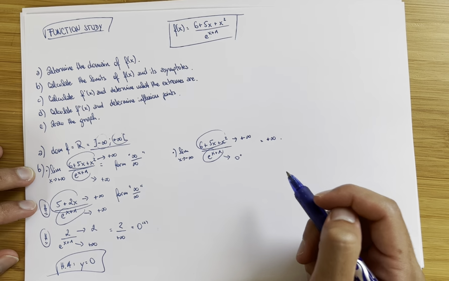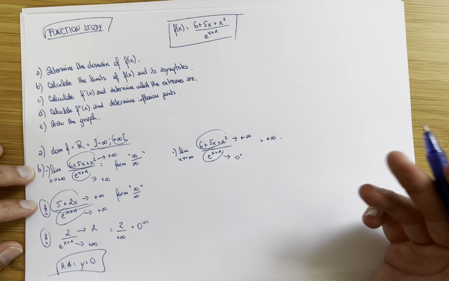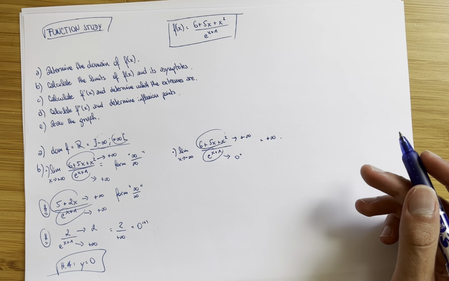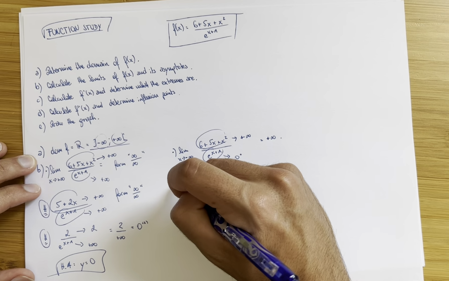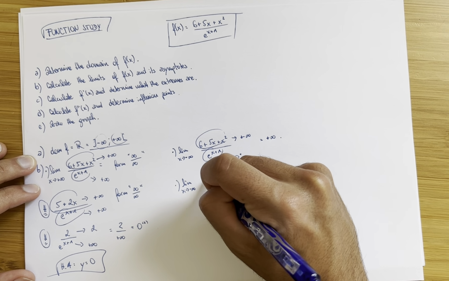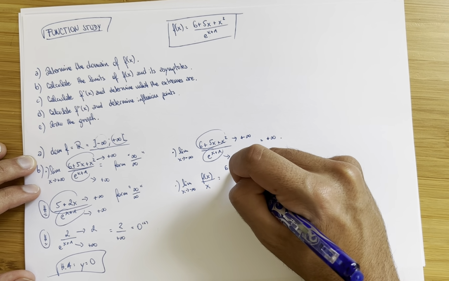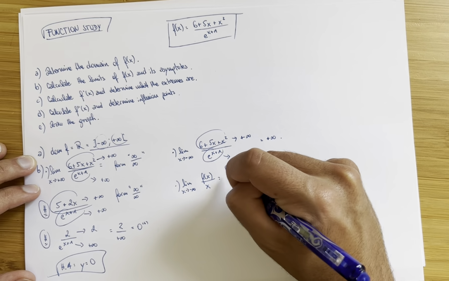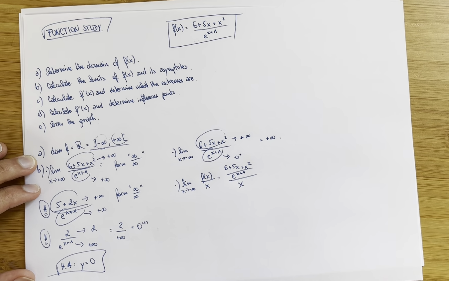When that happens, we use Cauchy's formula, which is also another formula I might explain in another video, but it's not really important to go into the intricacies of this formula. Now we just do the exact same, but this time we divide this function by x. So we have 6 plus 5x plus x squared over exponential of x plus 1, all of that divided by x.